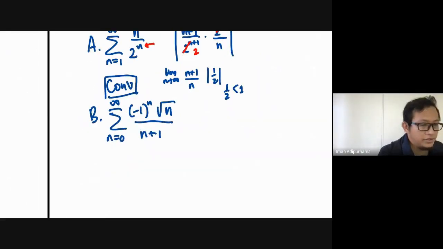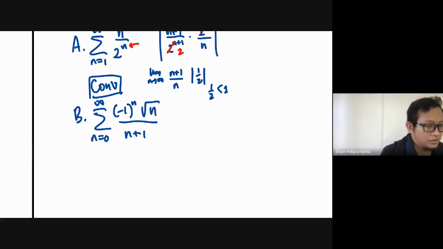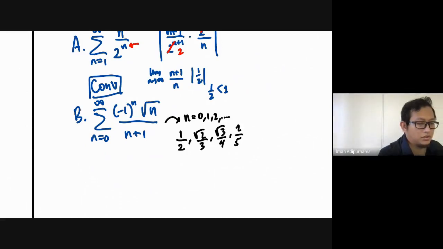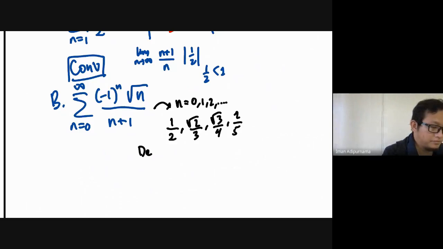Okay, it seems to be an alternating series. What we need to do is check whether it's decreasing, or check several n from 0, 1, 2. I think it's decreasing, let's say if we are looking at n equal 1, it seems decreasing, right?